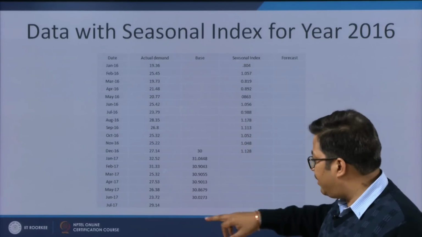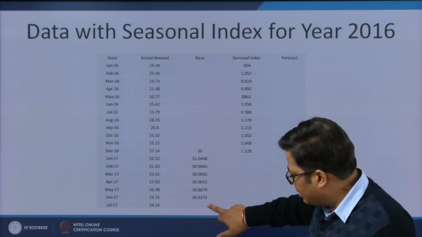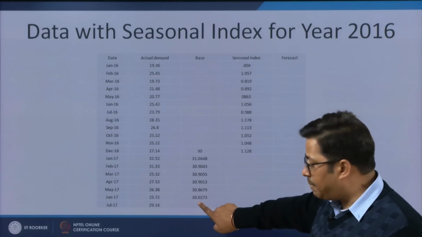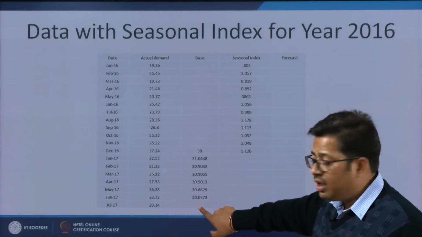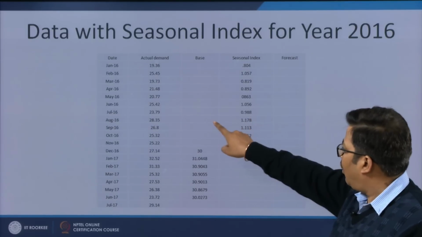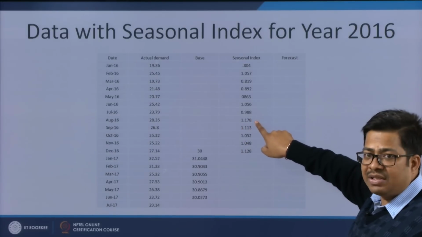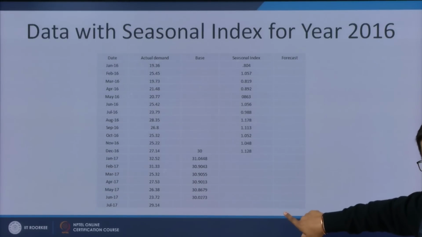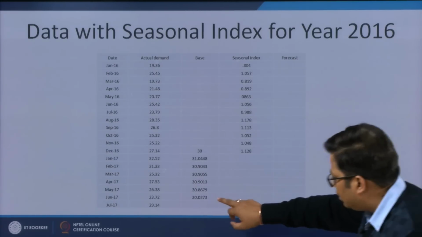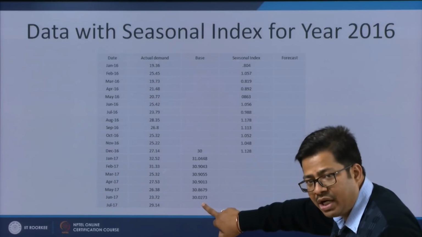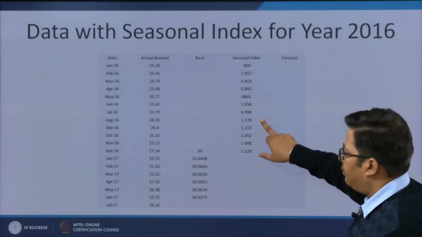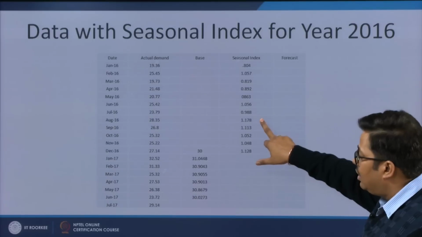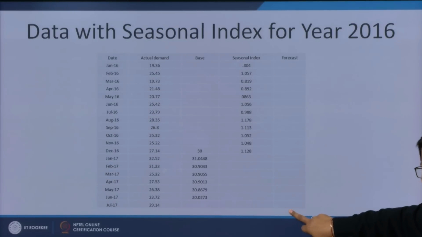The updated base value of July 2017 is not available, so I need to calculate it, and once I multiply this value with 1.178, the seasonal index of August 2016, it will give me the forecast of August 2017.